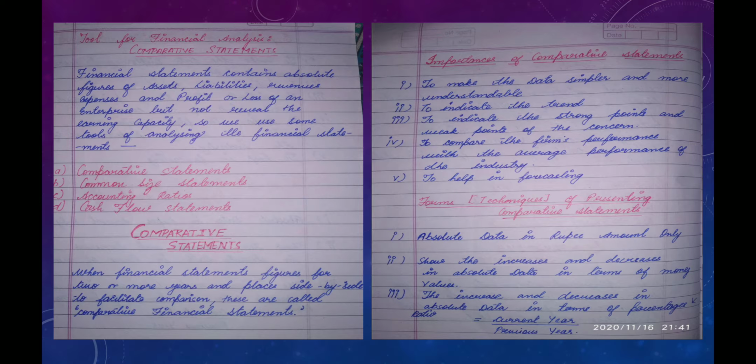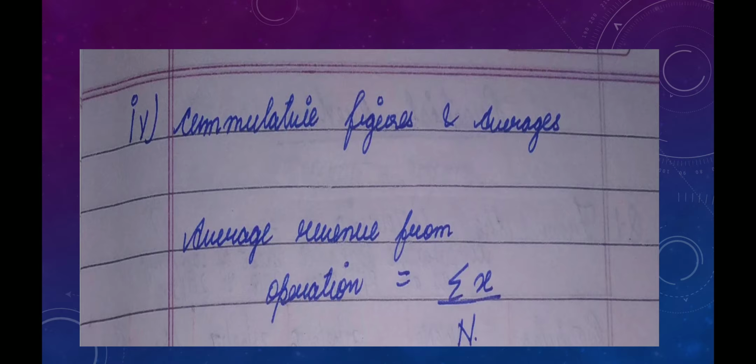After that, we compare the data by current year figures upon previous year figures. And after that, you can find out the average revenue from operations, that is the cumulative figure and averages. That is, average revenue from operations is equal to summation of X, that is profit, upon number of years. So these are the methods which are used for making comparative statements.